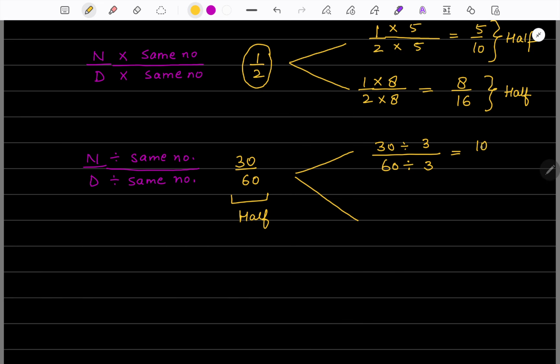So what do we get? We get 10 by 20. And 10 is half of 20. So we started with half and we are getting equivalent fractions that also represent half of the whole. So if we divide 30 and 60 by another number, let it be 2, we will get 15 by 30. So again, this represents half of the whole.